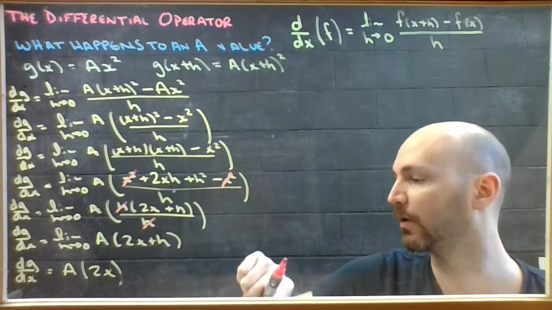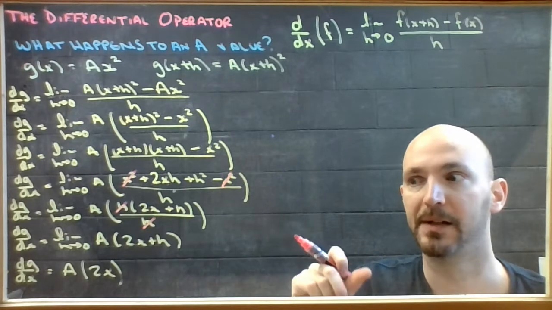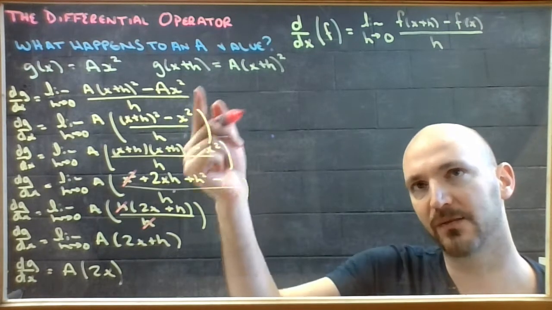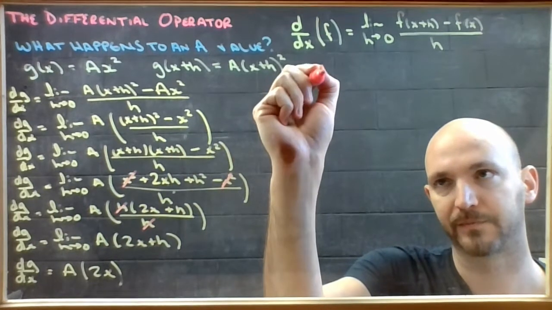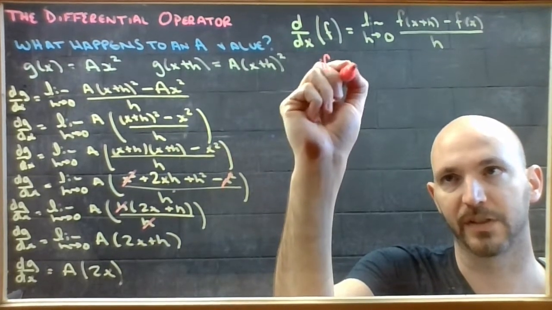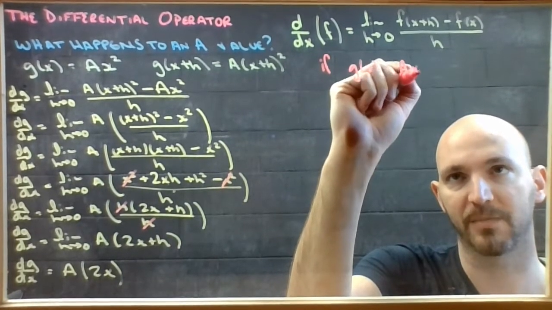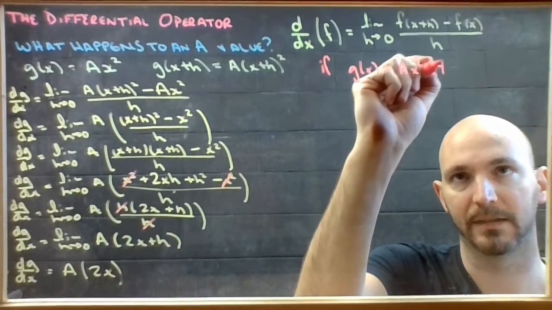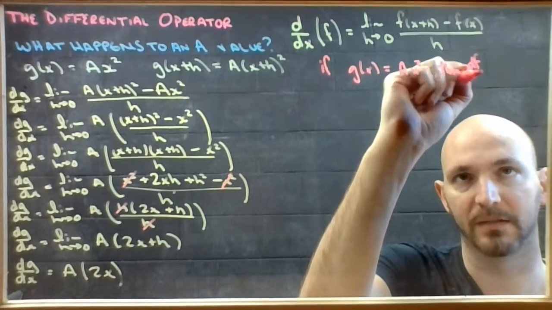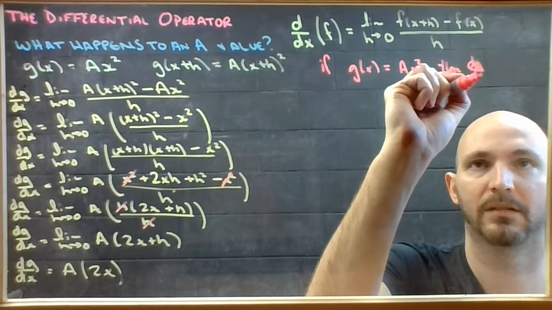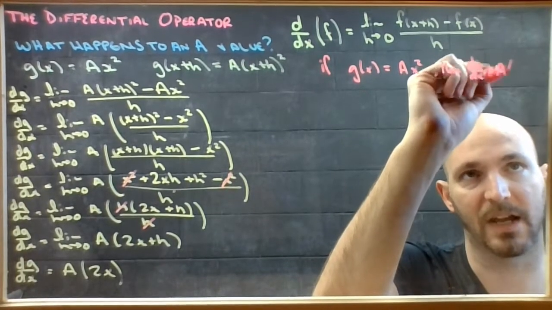Like, well, what were we, 30 minutes into the video? Okay, good. So I've just figured out that if your function is a stretched parabola, then the slope of it, dg, is that stretch times 2x.